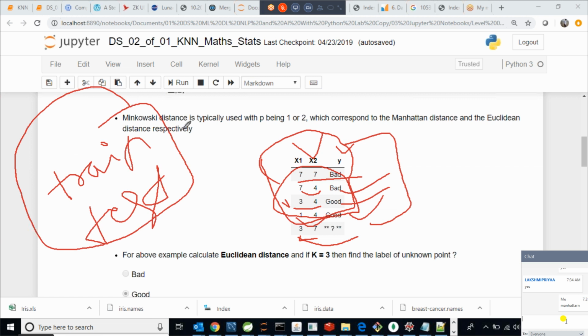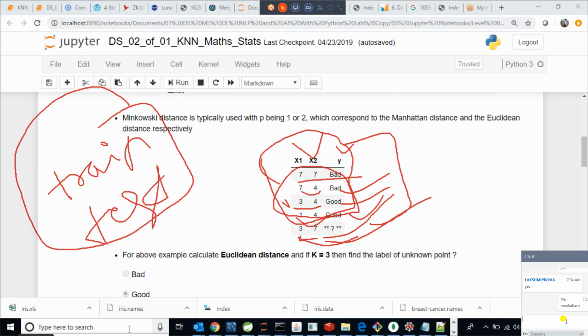Train means I'm giving some training, and after that training I want to test whether you are performing well or not. So I trained you here and I want to test you here.